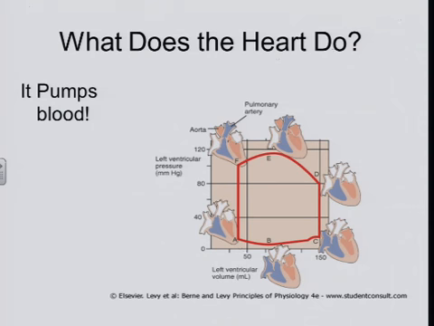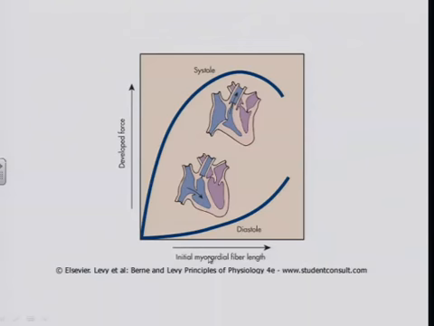That's why it makes a fairly good indicator of how the heart's working. So we have different chambers here in the heart and different valves functioning at different times to operate as an efficient pump.